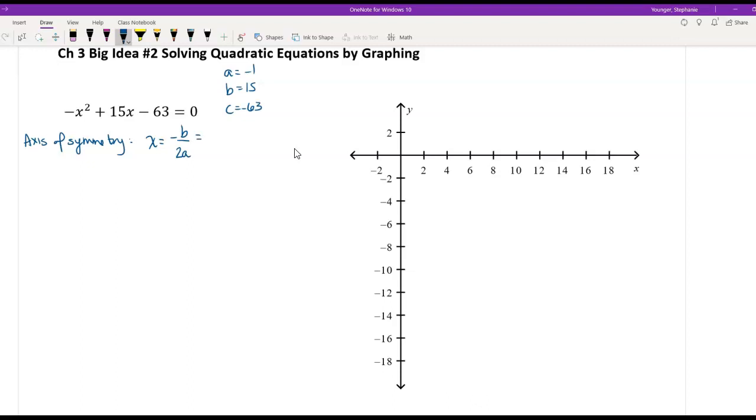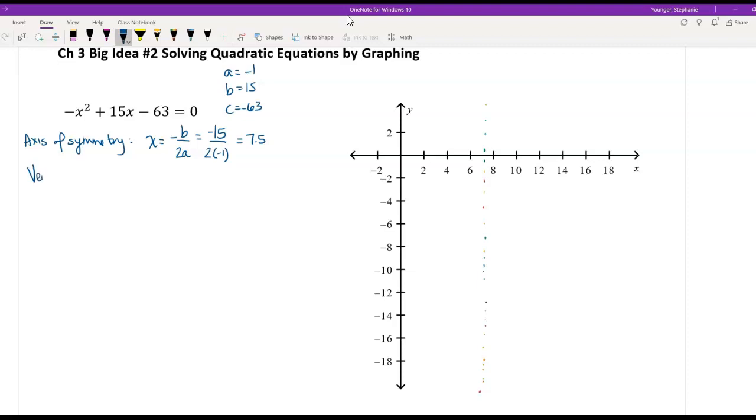So in this case, we have -15 over 2 times -1, which is 7.5. So I'm going to put down my invisible dashed line at 7.5. Just for that frame of reference. You can erase it later. You can keep it. Mrs. Younger does not care.